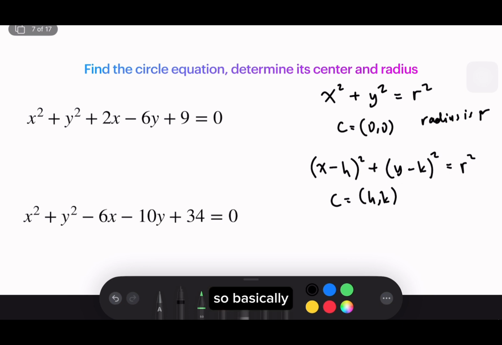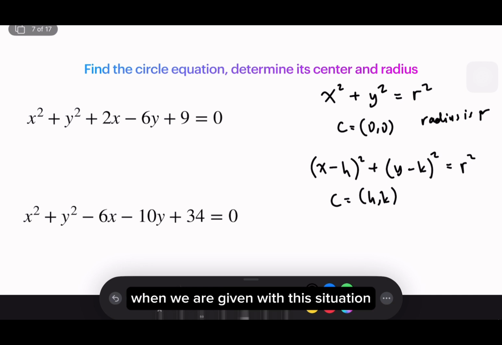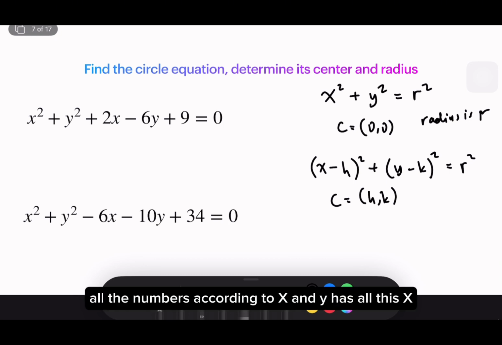So basically, when we are given these two equations, which simply state all the quadratic terms of x and y, we need to force out these components.